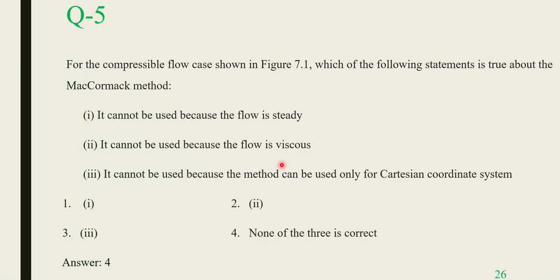Since we know that the compressible flow equations are coupled equations, to solve for u we would need the v values. So in the Beam-Warming scheme, what we generally do is use the scheme so that it becomes implicit.